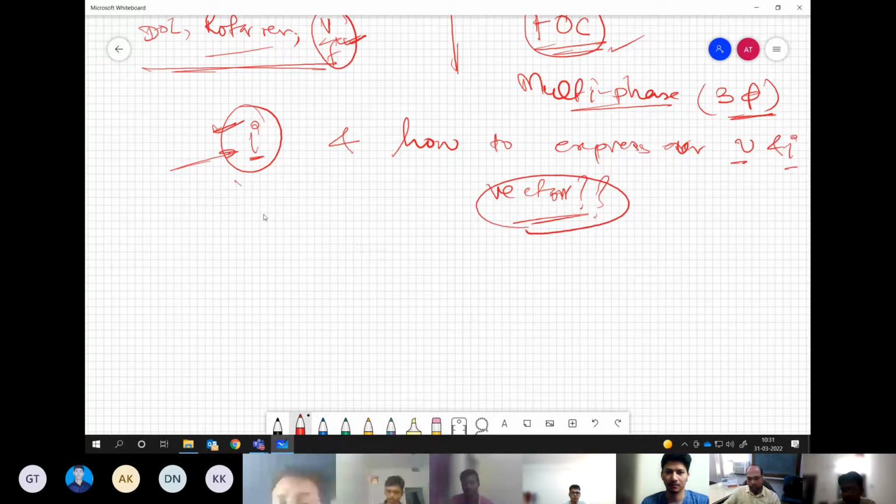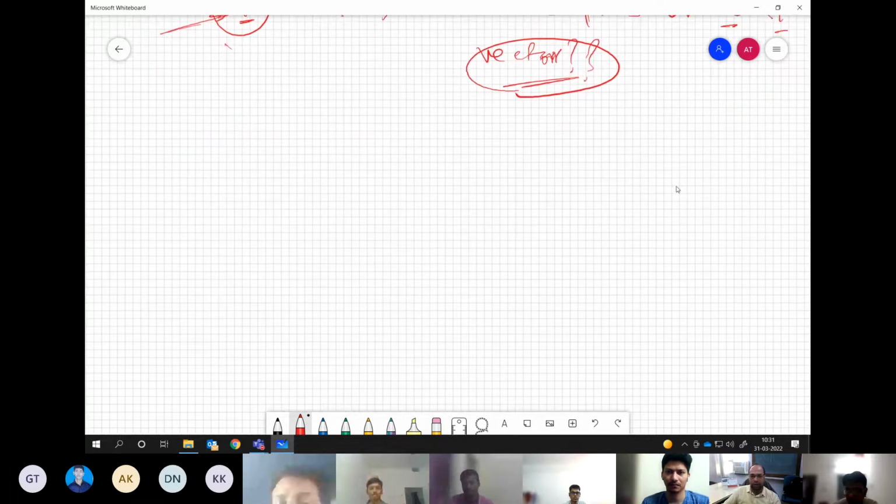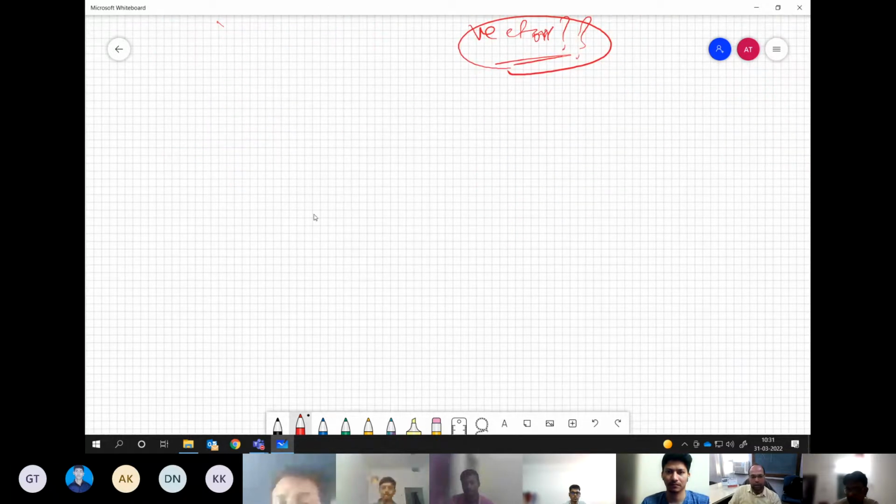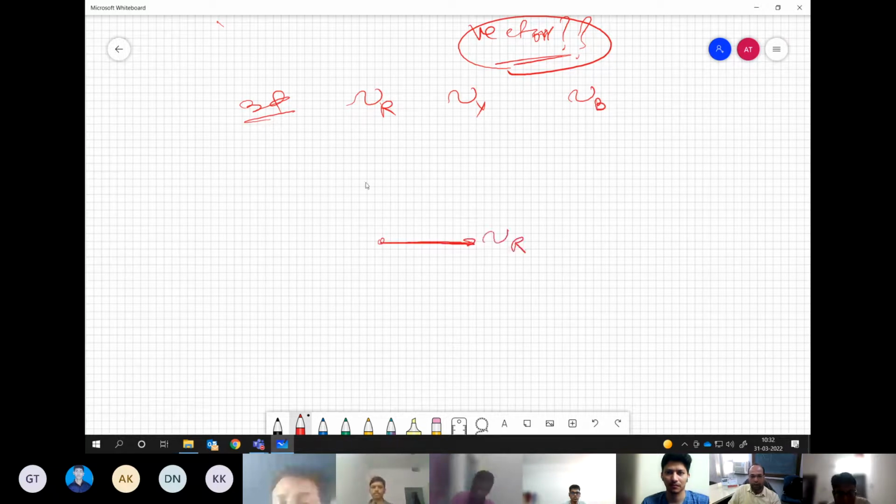In space vector also we have seen during that lecture that if we have, let's say, a three-phase system, we have voltages like VR, Vy, Vb. It can be expressed in a manner of how we are distributing our windings and MMF and all that. So VR, Vy, Vb can be distributed like this. Only thing to keep very clear in your mind is that these are forming a stationary reference frame.